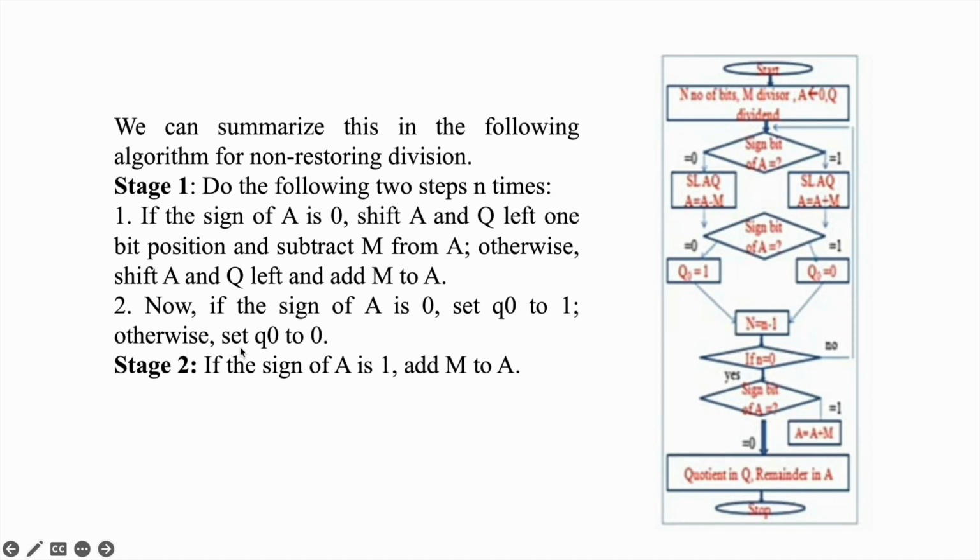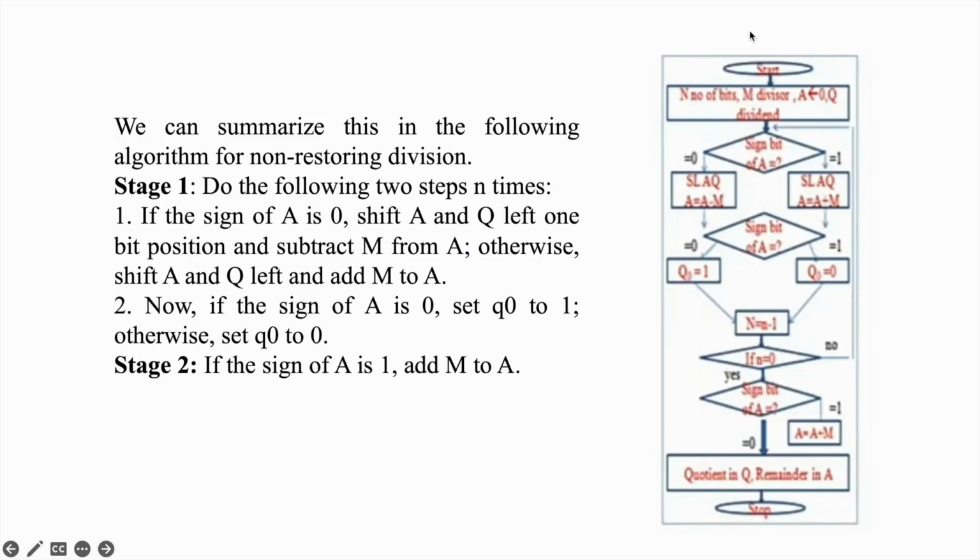If the sign bit is 1, the quotient bit is 0. The second stage: after completing this n times, we again check the sign bit of A. If it is 1, we add the M value, otherwise do nothing. After that, the quotient will be in Q and the remainder will be in A.